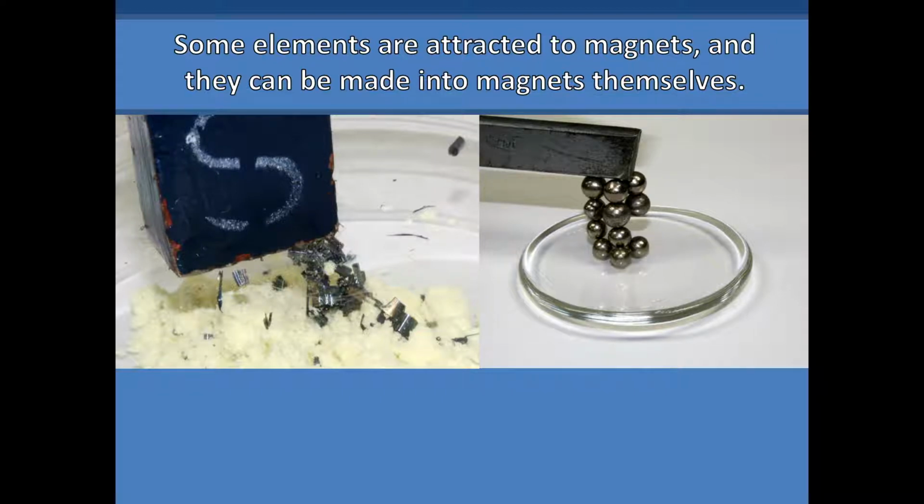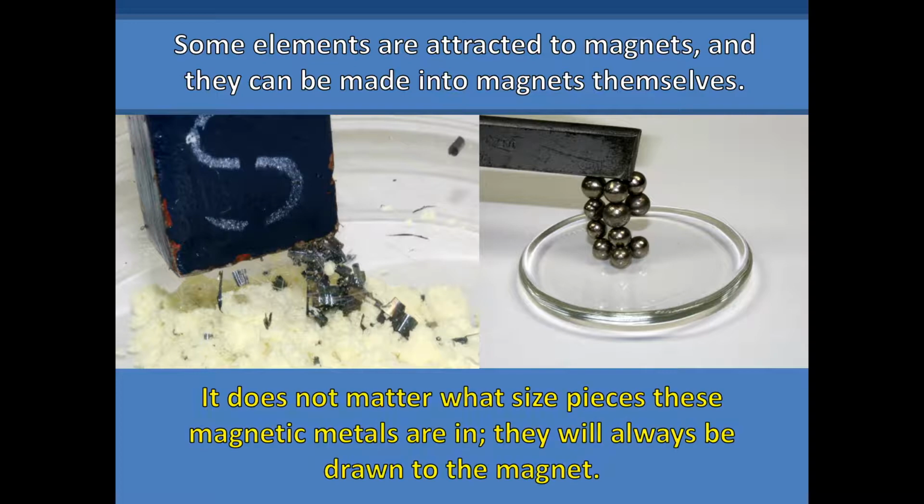Some elements are attracted to magnets, and they can become magnets themselves. It does not matter what size pieces these metals are in, they will always be drawn to the magnet. So if you have a large magnet and you break it in half, you end up making two smaller magnets.